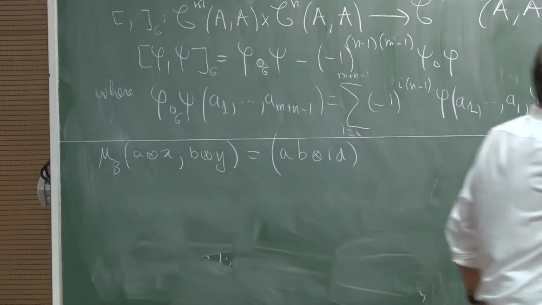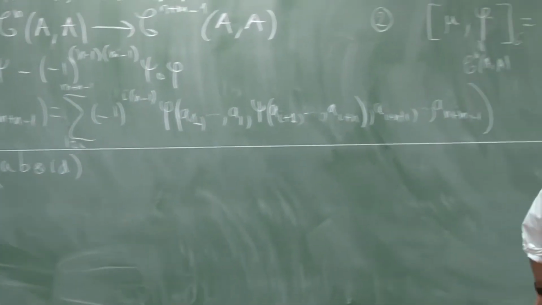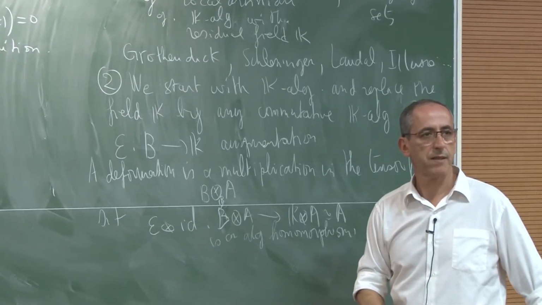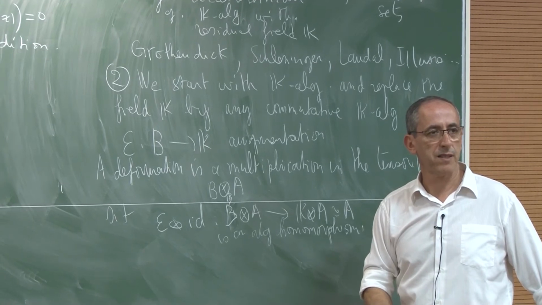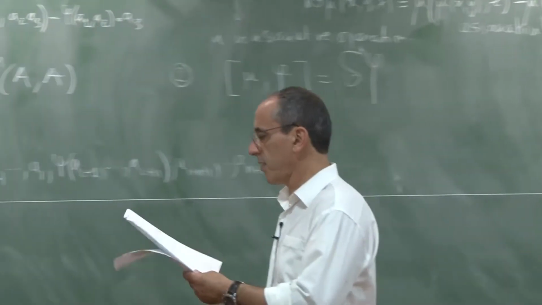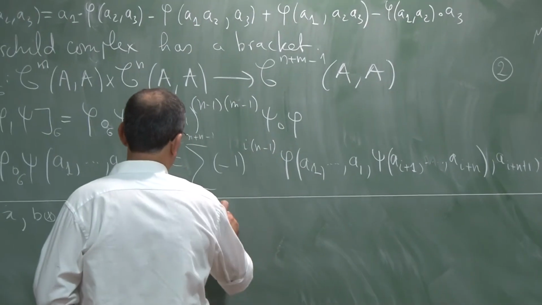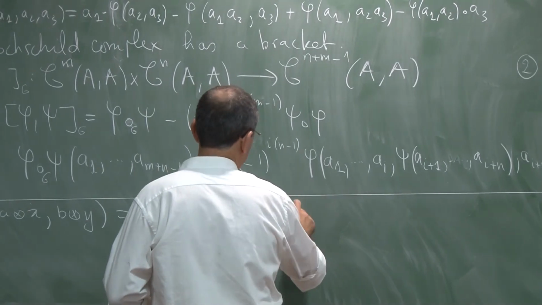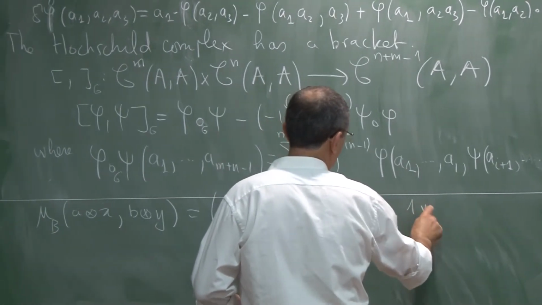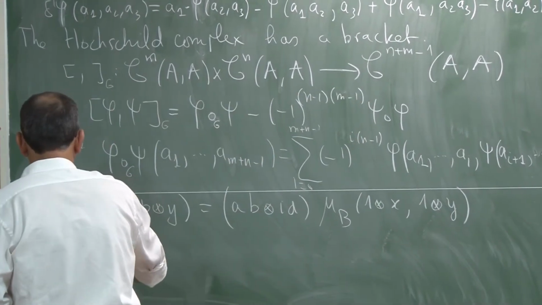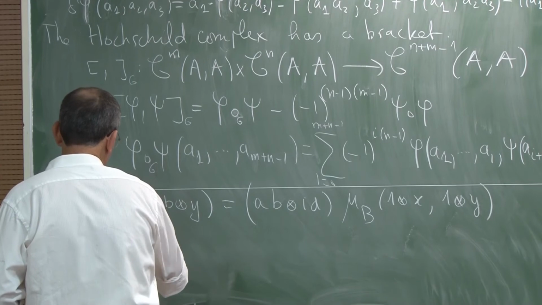Of course, this is bilinear. This tensor is a bilinear tensor product. Then I could write it in this way: mu b of 1 tensor x, 1 tensor y. And this multiplication mu b is associative.